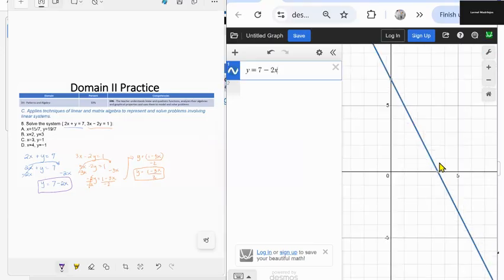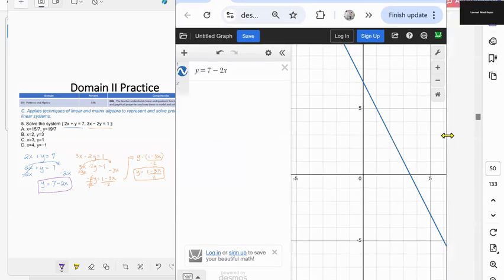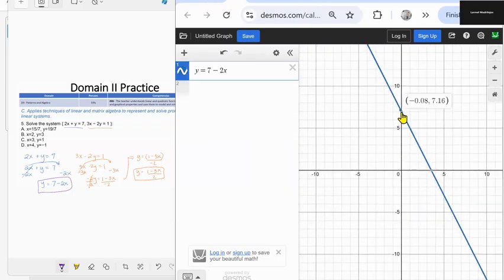So if you look at my right side of the equation, that's the 7 minus 2x. Here we go. That's the y-intercept, which is 7, and then the graph is a negative graph, because my slope is negative 2. Now let's look at the next one here.